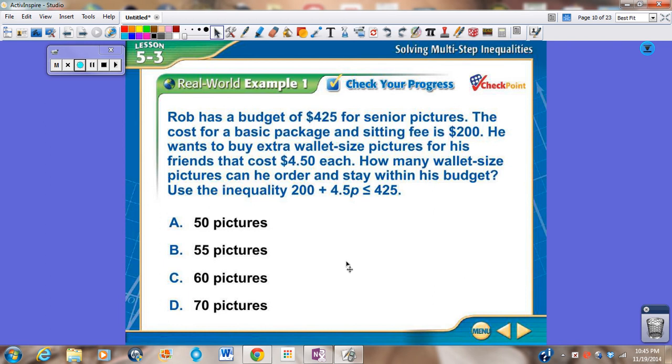So how many wallet-sized pictures can he order and stay within his budget? It's the 200 that he's paying plus the 4.50 per wallet, so p per picture. And it has to be less than or equal to 425. So I want you to work that problem out. Here's a heads up: you're going to subtract 200 from both sides, and then divide by 4.5, and then see which one of those answers you get. Again, feel free to pause when you need to.